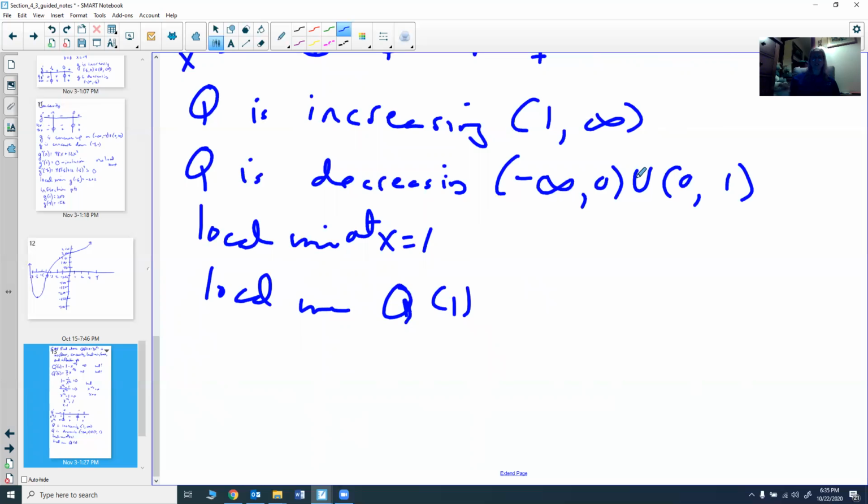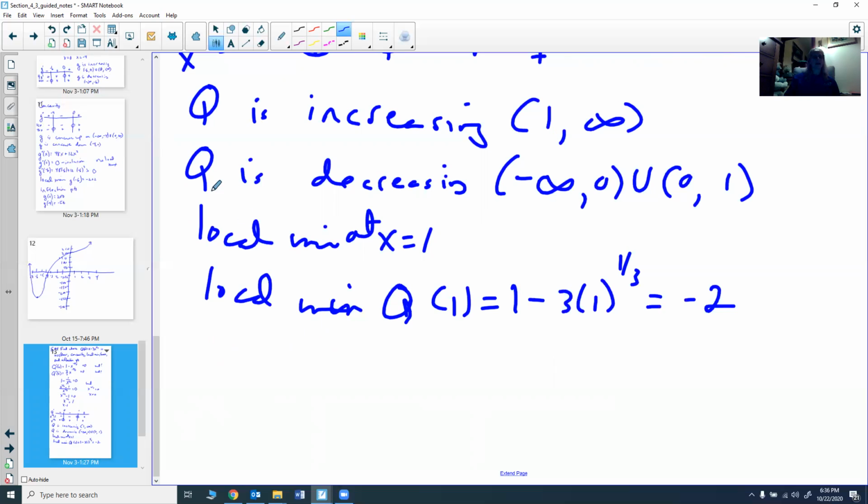So my original function at 1 is 1 minus 3 times 1 to the 1/3. So we have a local min, and it's going to be -2. I do want to point out your local mins don't always have to be negative. It just happens to be in these two examples they were, but they don't have to be.